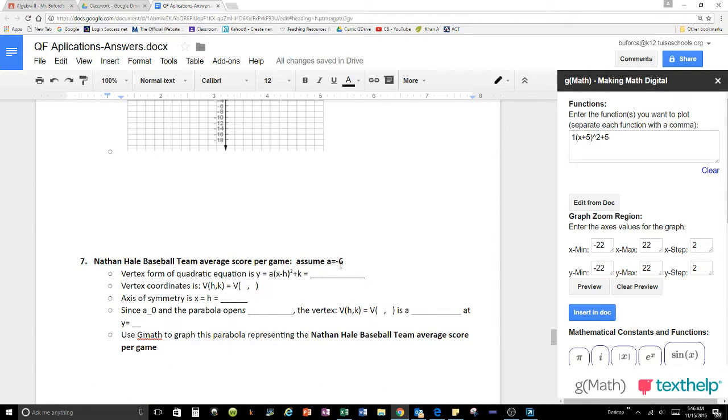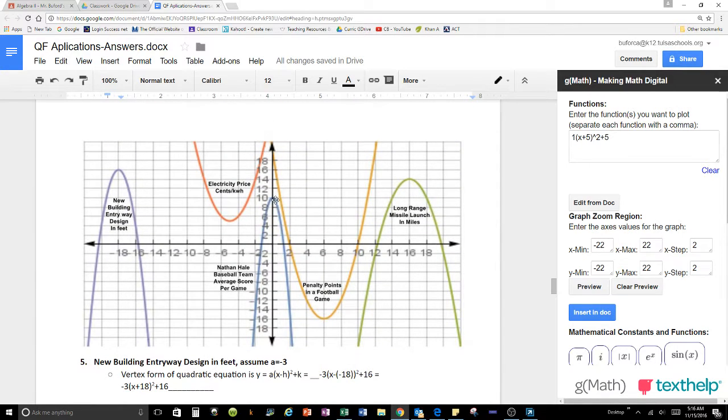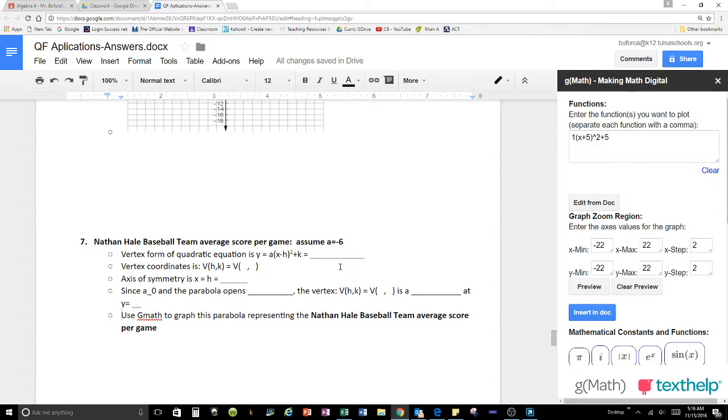Okay, A is equal to -6, which means that parabola is going to fold downward, and our vertex is going to be a maximum. You can see here, the parabola folds downward, and the vertex is at the top of the parabola, so it's a maximum. Okay, let's do our plug and chug.